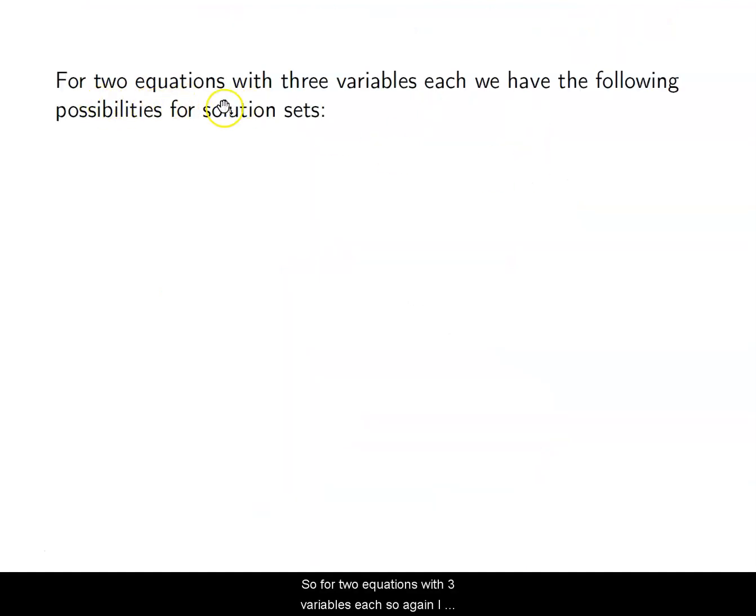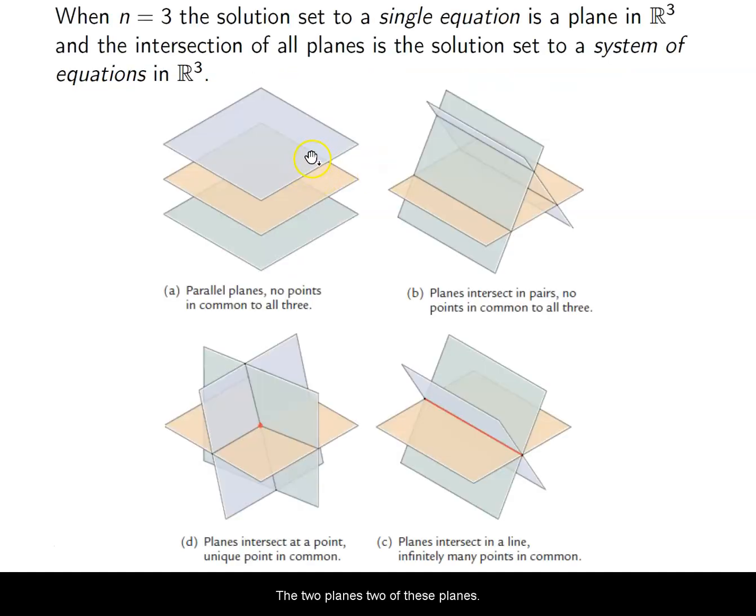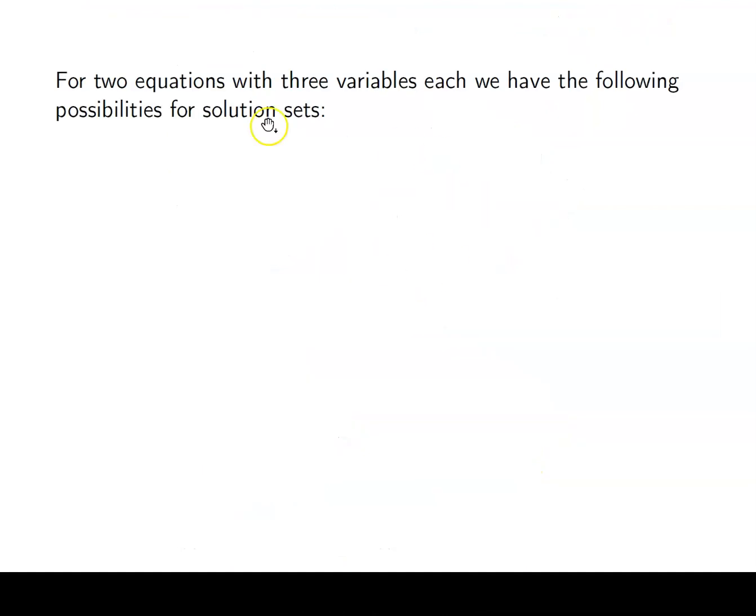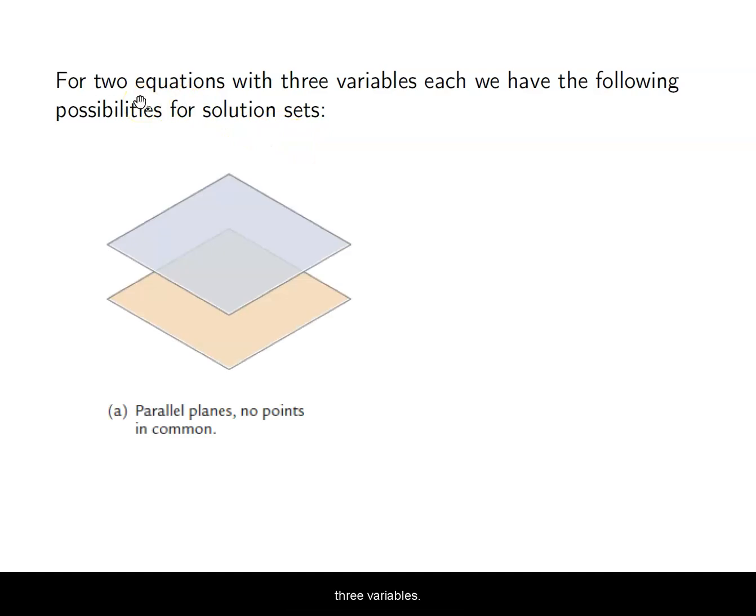so for 2 equations with 3 variables each, so again I have 2 equations, each of those are planes. Okay, so 2 of these planes, in whatever configuration, right? So these are the possibilities that we have for 2 equations and 3 variables.